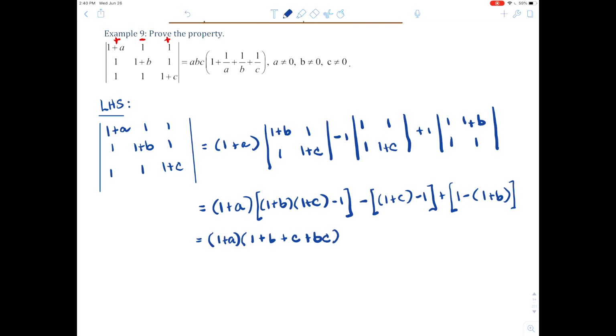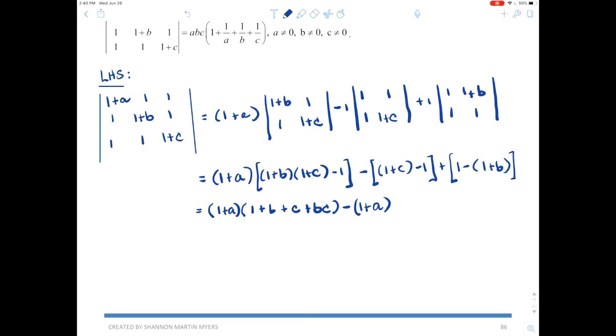Cool? Minus 1 plus a times 1 is quantity 1 plus a. I'm going to do the next one. Actually, they'll be shorter. So do you see the 1 zero out? So we'll just get a minus c for the next one, and then a negative b for the third.